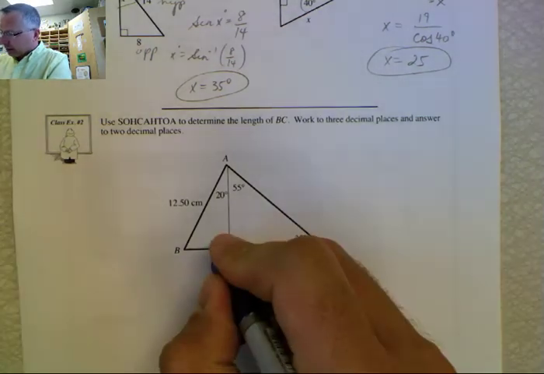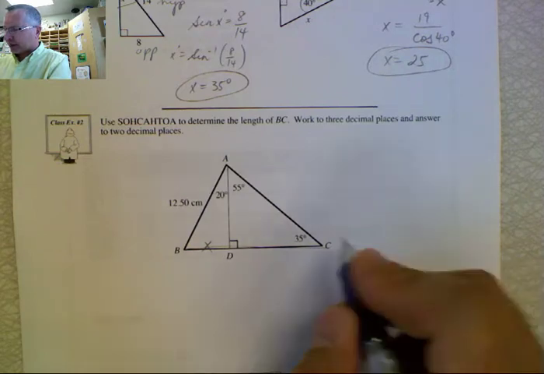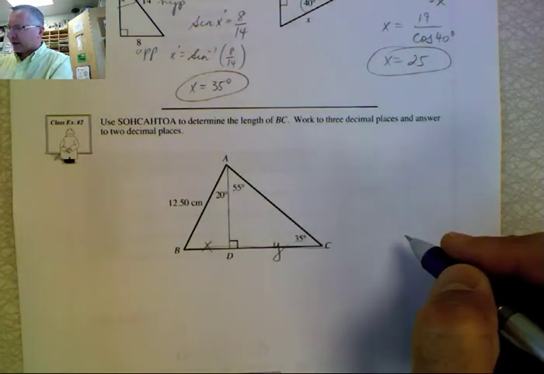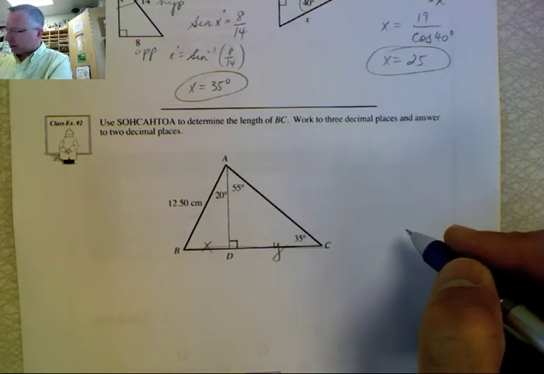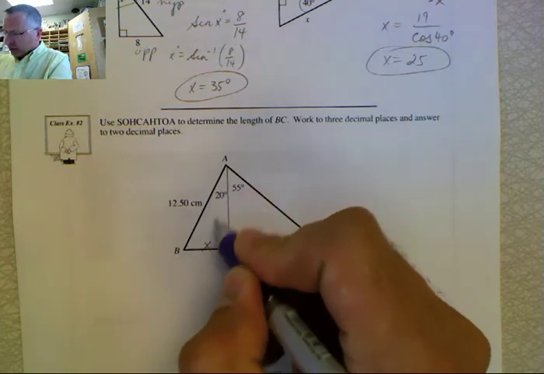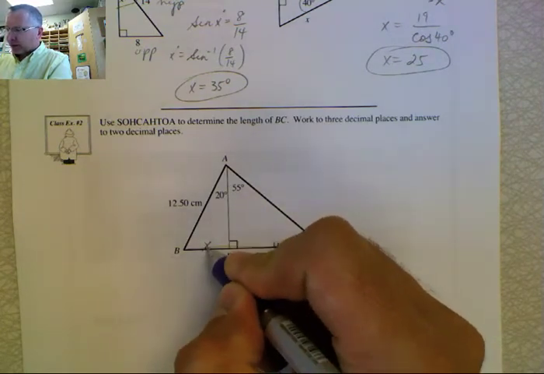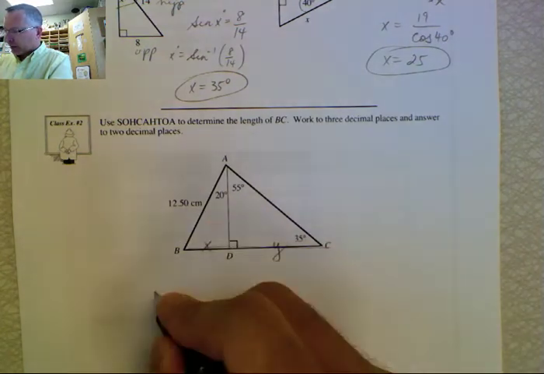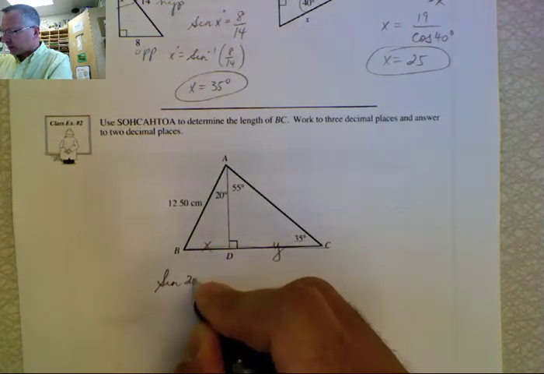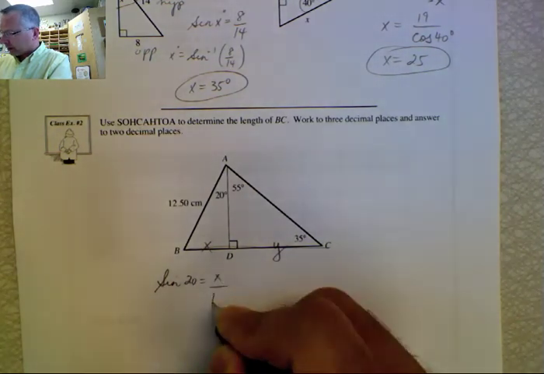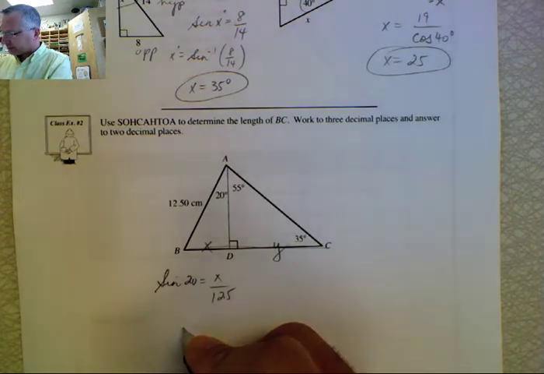In the second set of examples here, they want us to find the length of BC, this whole side here. So we're going to have to find this side that I'm labeling X and that side that I'm labeling Y. We're going to have to make two calculations. In this left-hand triangle, we're looking for the opposite side, and we know the hypotenuse. So opposite and hypotenuse is sine.